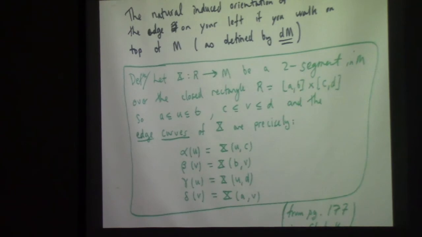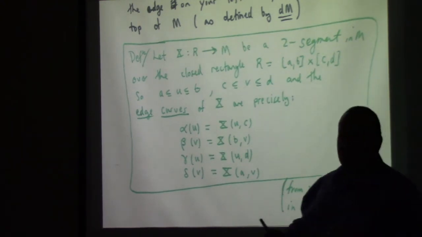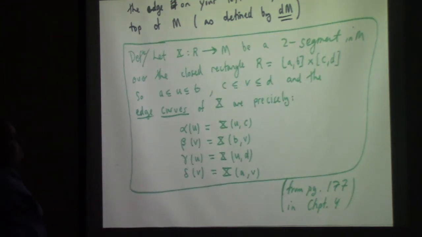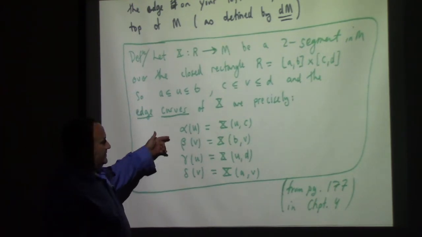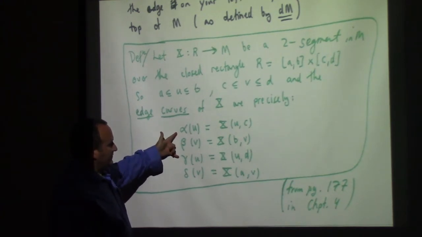So here's his definition, which I think I just explained. If we have a two-segment, which is a mapping from a rectangle up into a curved rectangle on our surface, then the edge curves of that two-segment are alpha, beta, gamma, delta. And you see how it works? For alpha and gamma, we use u as the parameter.